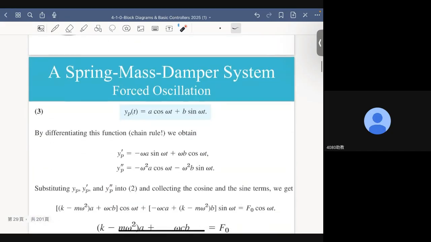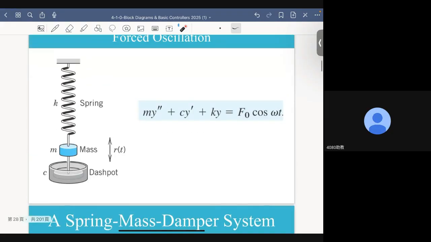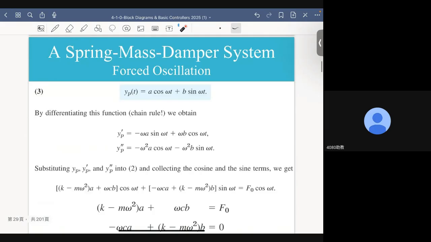We use a technique that we learned in the course of engineering mathematics, the method of undetermined coefficients. We know that if the forcing function is made of a sinusoidal signal, then we assume its particular solution to be a linear combination of cosine and sine functions of the same frequency.